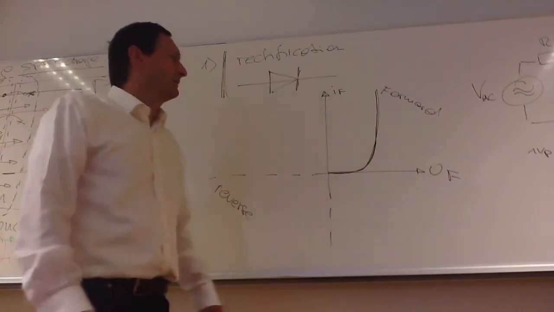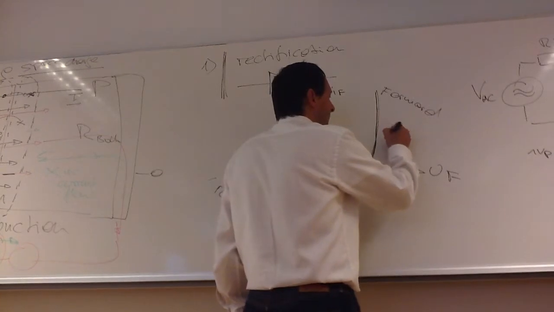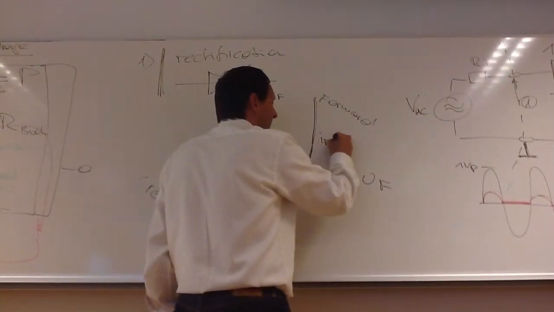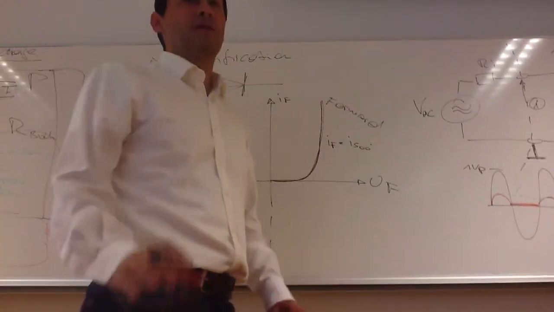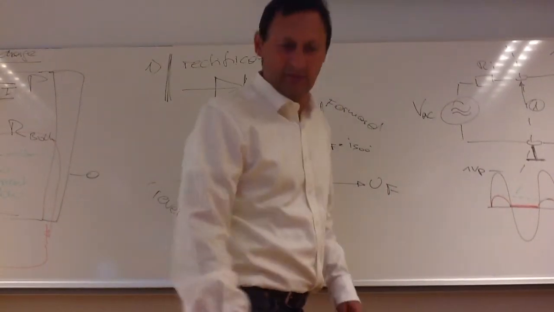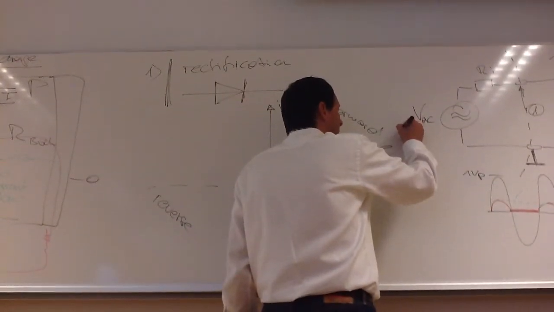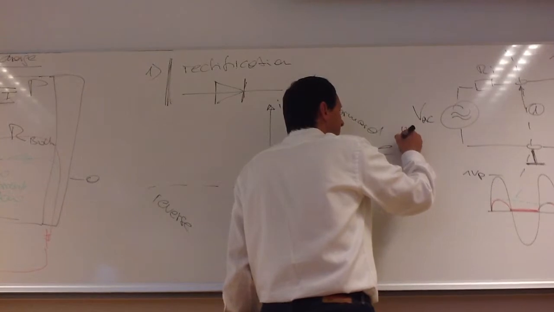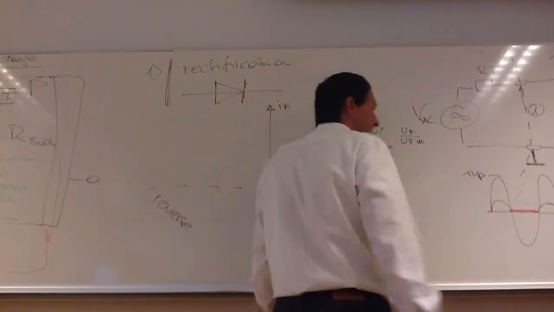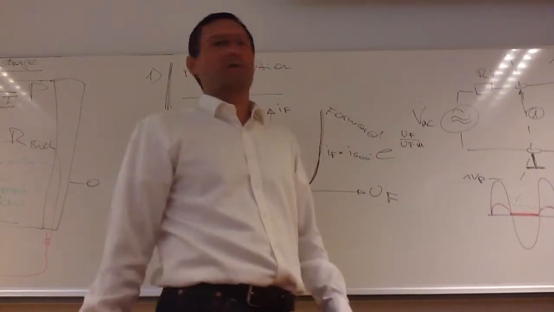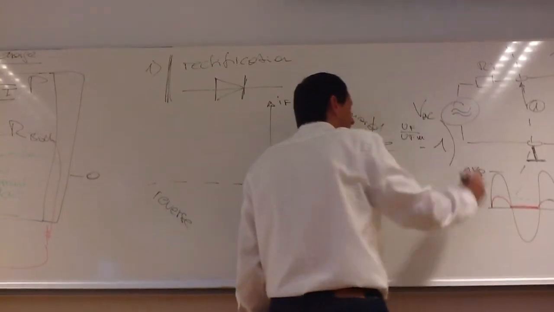And there is Shockley's law of diode current. So the forward current is equal to a saturation current that depends on the manufacturing process times e raised to the forward voltage over the temperature voltage times a modulation factor m, minus 1.